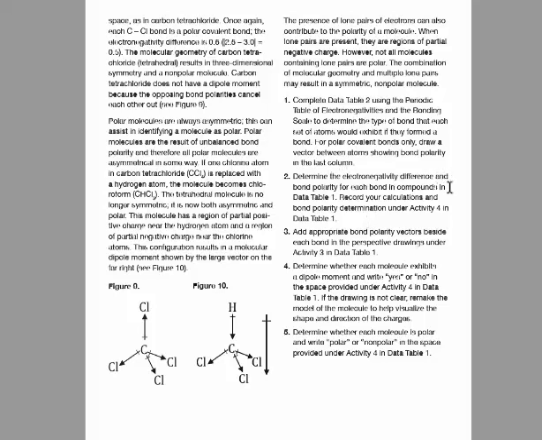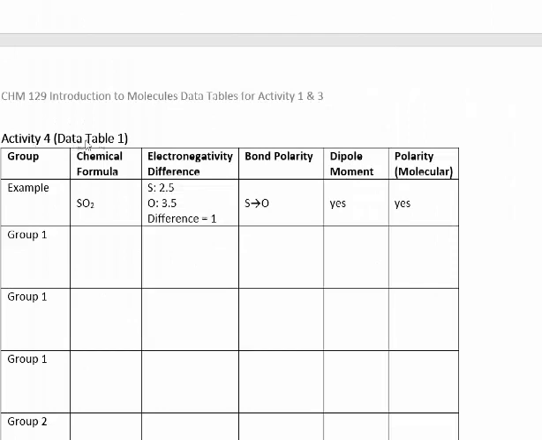Then the rest of activity 4 is filling out data table 1 and tells us to determine the electronegativity difference and bond polarity for each bond for the compounds in data table 1. Record your calculations and bond polarity determination under activity 4 in data table 1. So you can use the data table that I've created for you. I have an extra column here for the chemical formula. Clearly state how you calculate the electronegativity difference.